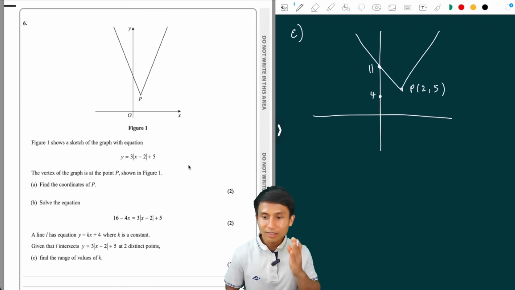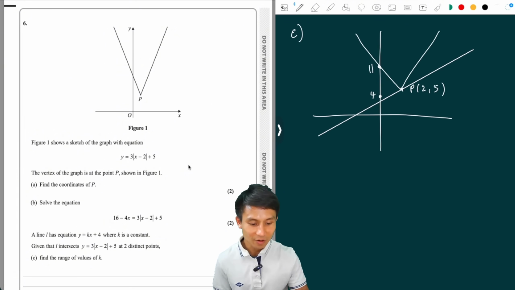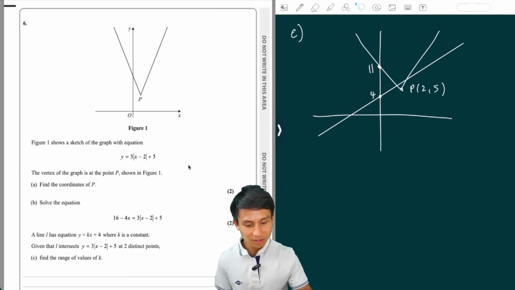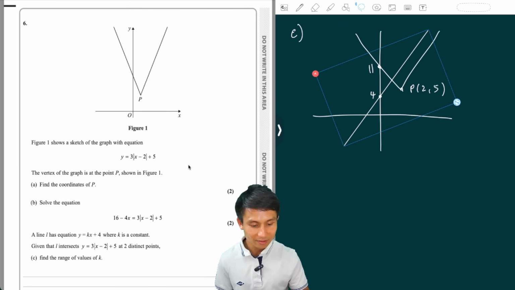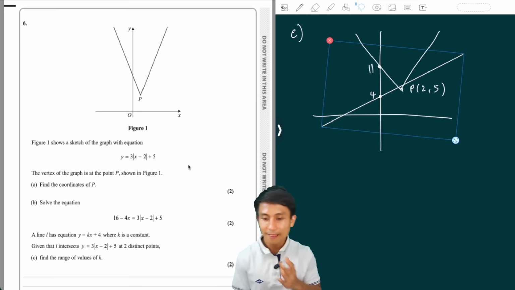Now, k is an unknown, so we don't really know yet how it's going to look. Is it going to look steep, passing 4, or is it going to look like that? Now, let's do some thought process here.